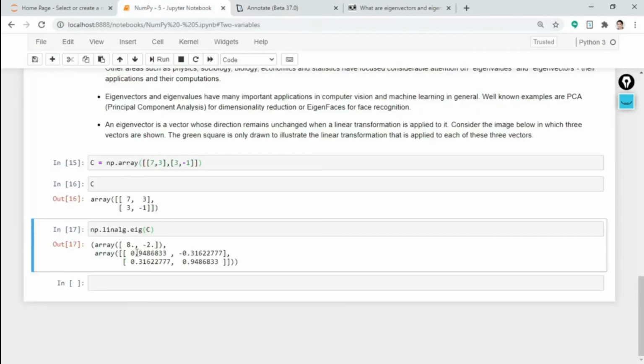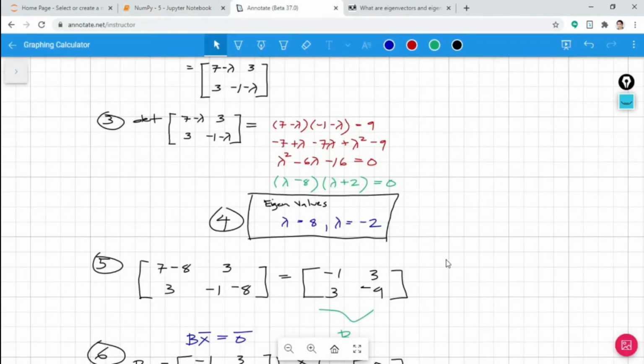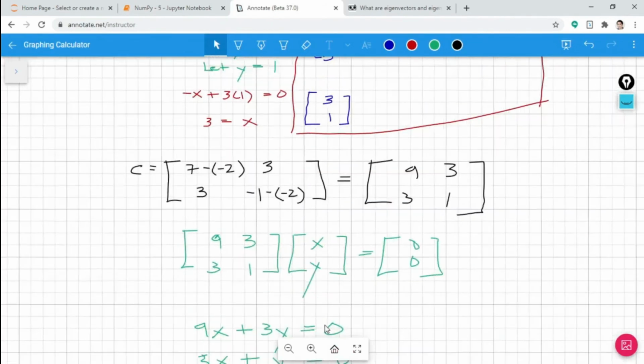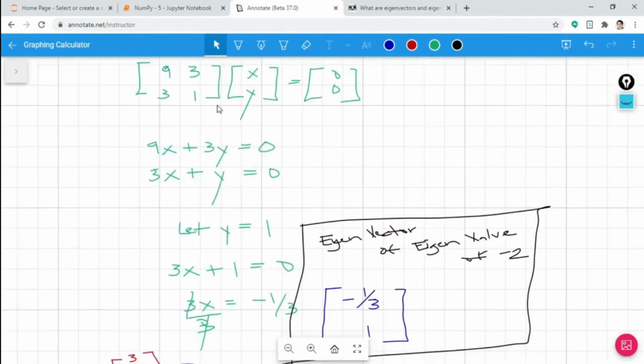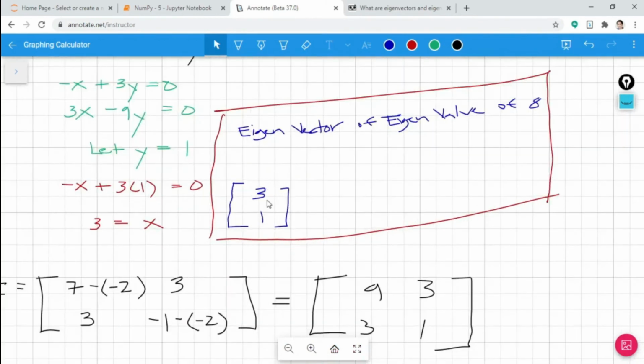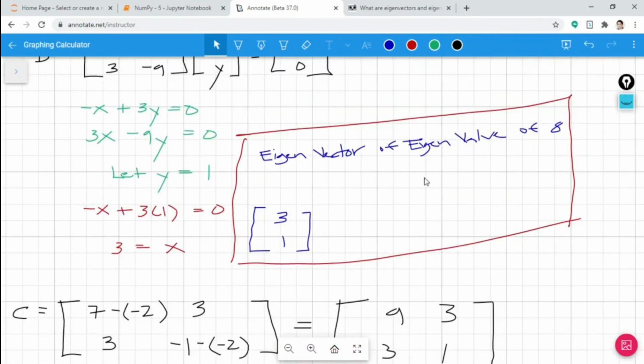But if you noticed, this one is the value of the eigenvectors. So why is it in decimal places? Let me explain that. It's not specifically wrong. We're expecting here 3, 1 for the eigenvector of 8.